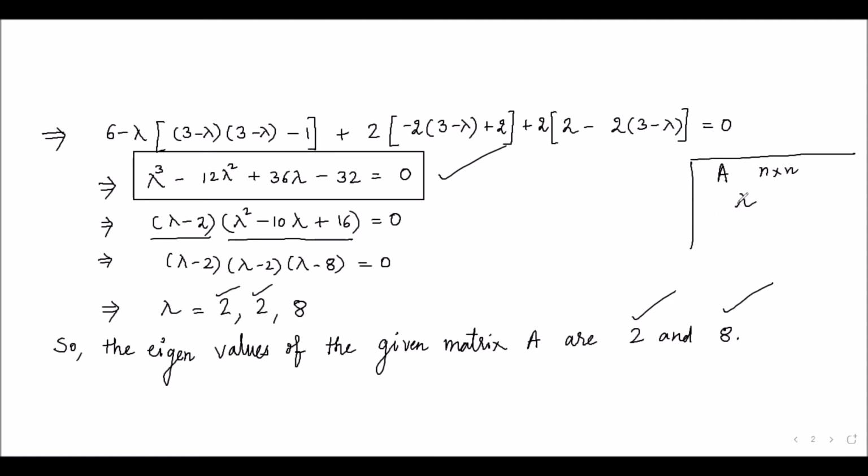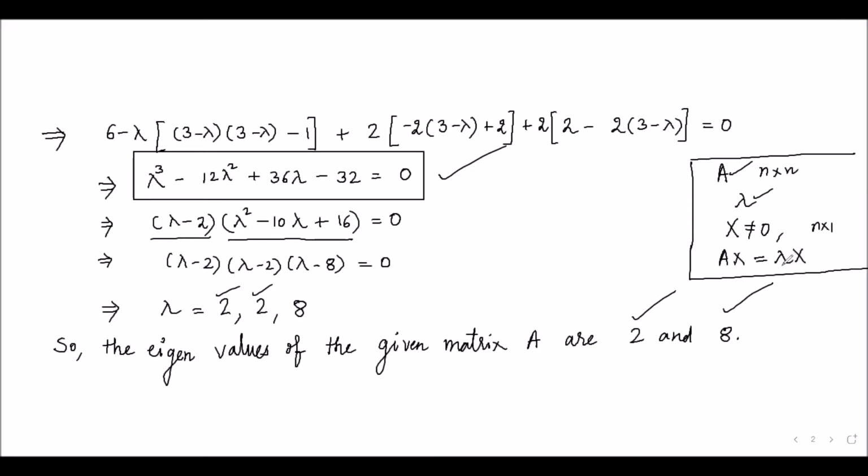Then corresponding to this lambda, a non-zero vector x of order n by 1 will be an eigenvector corresponding to this eigenvalue lambda for this matrix A if the product Ax is equal to lambda x.